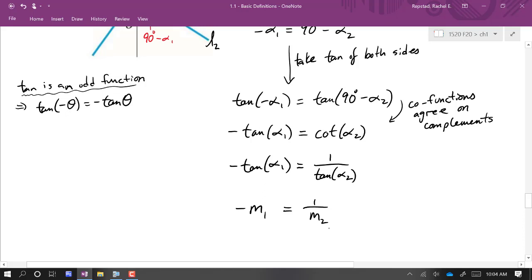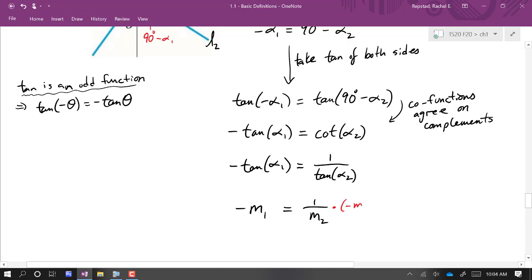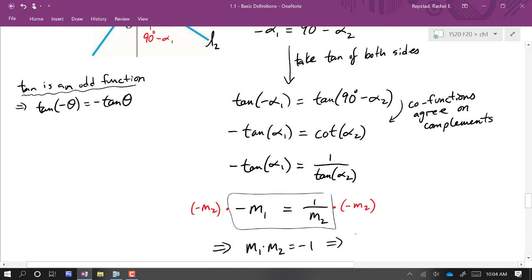And now if I multiply both sides by negative m2, we get m1 m2 is equal to negative 1. And so the slopes are opposite and reciprocal, which we could see by showing that their product is negative 1. One could argue that we kind of see it right here too, and that's fine. We're just going to state our conclusion.